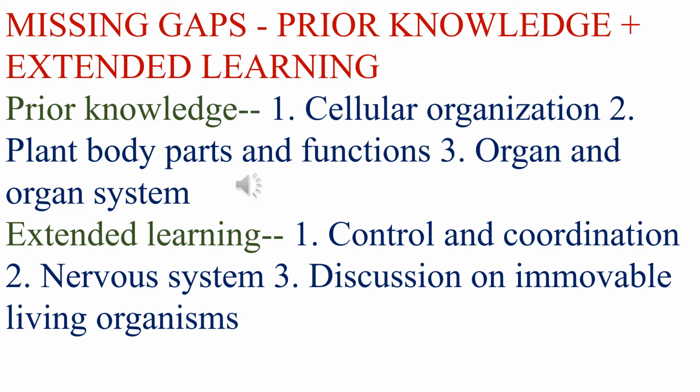And what is the extended learning for this topic? We can extend this topic to control and coordination and the nervous system and the discussion on immovable living organisms. So like this we can fill up the missing gaps before we start the concept.